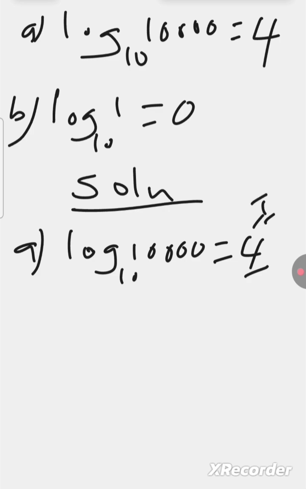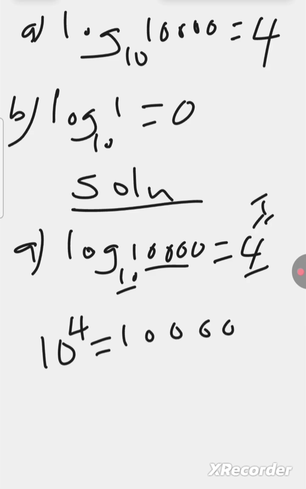Remember, this is our index, this is our number, and this is our base. So we start with our base followed by the index, and it equals our number, which is 10,000. So 10 power 4 equals 10,000, and that is your answer.